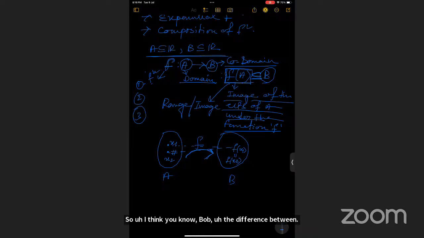Ma'am, range is a subset of codomain actually. Yes, range is a subset of codomain. So this is the difference between range and codomain for a function.